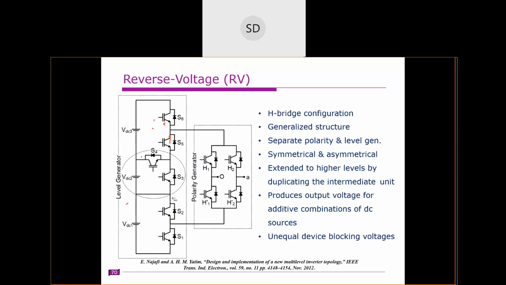So this is about the reverse voltage topology. If you want to increase the levels, we need to increase this encircled portion. Now the question is, what is the blocking voltage for this switch S6?